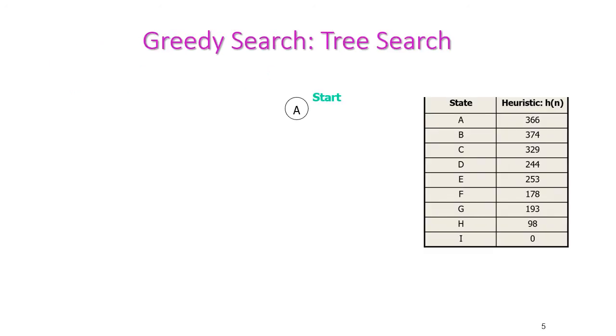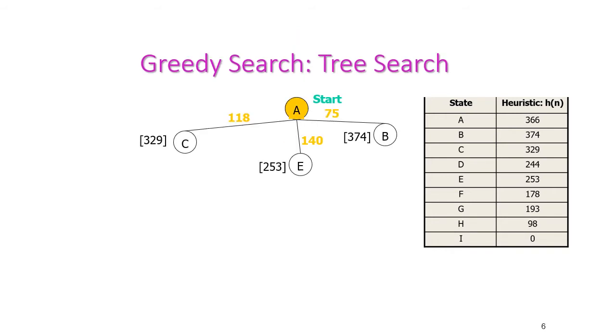First, we have to start from the starting state. The starting state has three children, C, E and B. The heuristic value of C is 329, the heuristic value of E is 353, and the heuristic value of B is 374.